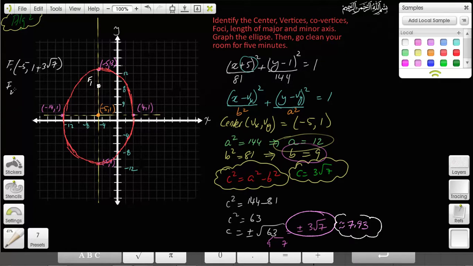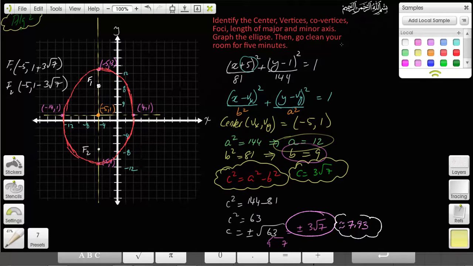And the second focus is going to be 7 down, somewhere over here, right? So that's going to be F2. So that's going to be negative 5, 1 minus 3 square root of 7, like this. Okay? So now we can answer all the questions.